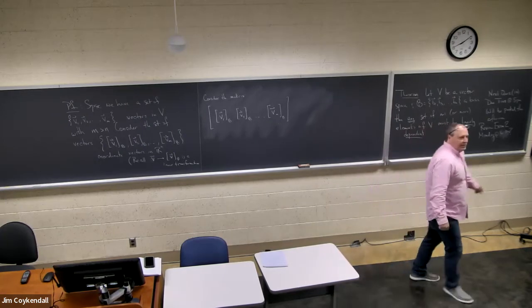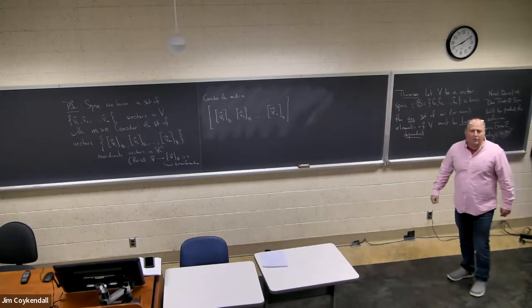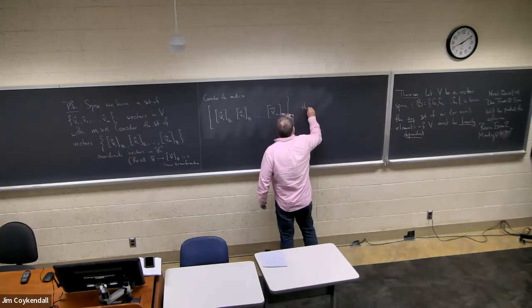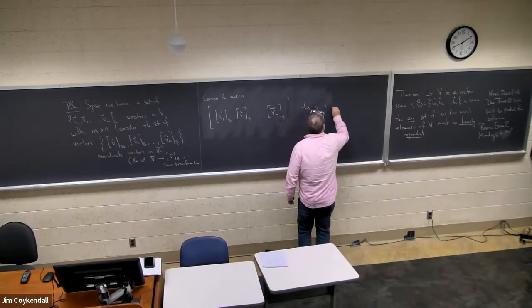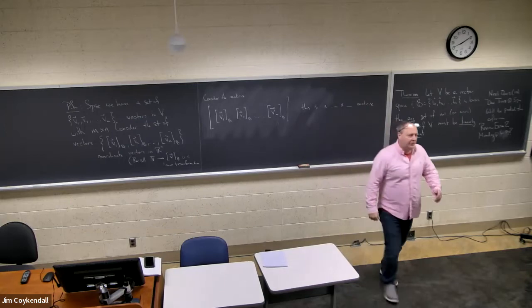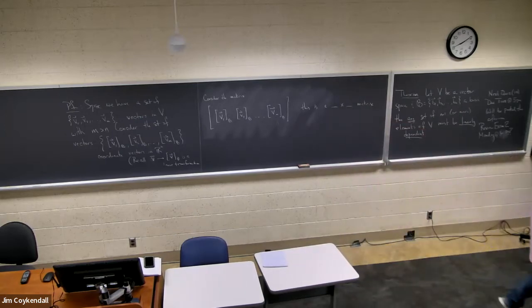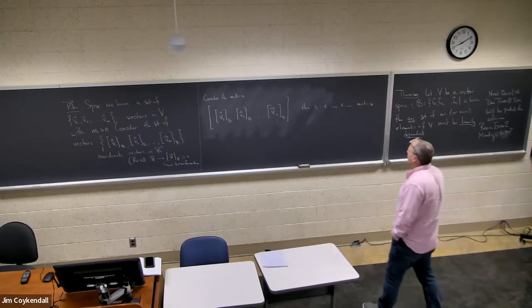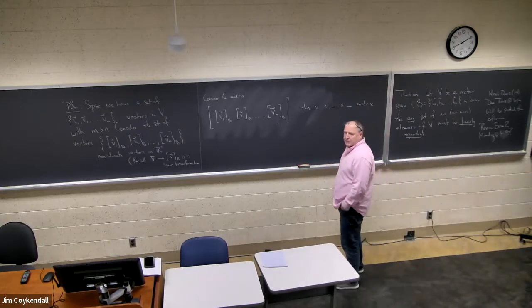I think this is a bit of a role reversal here. What's the size of this? How many rows do we have?